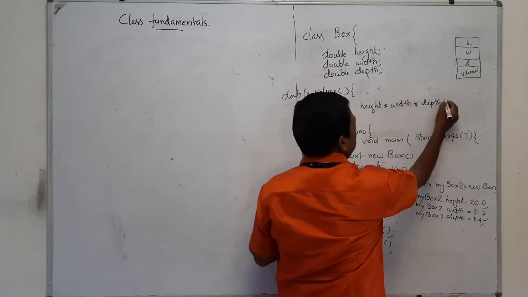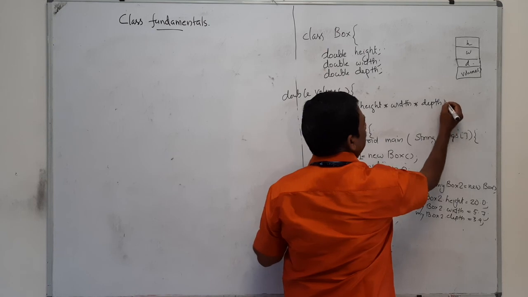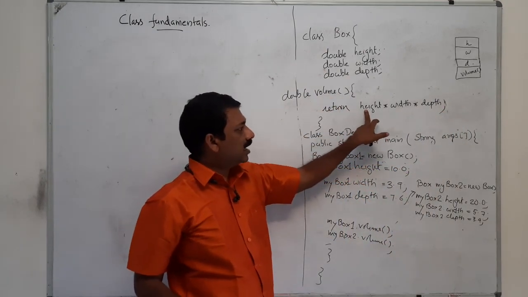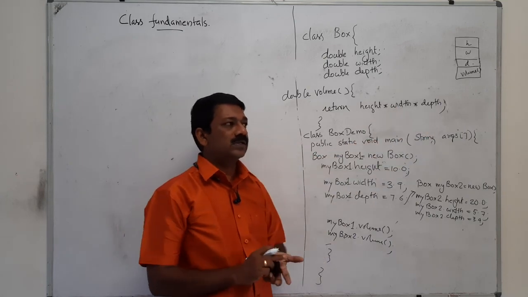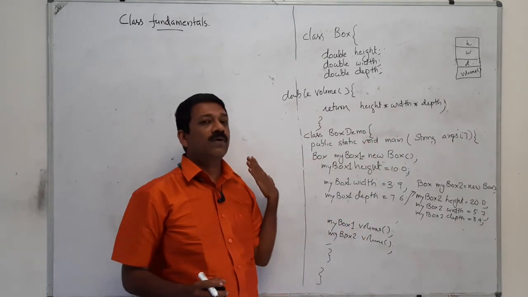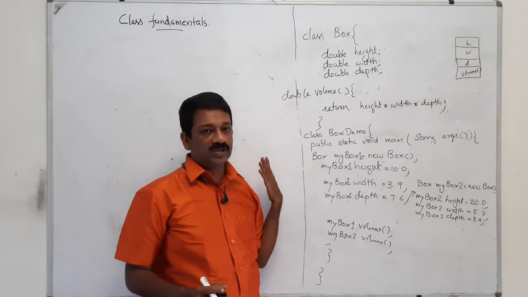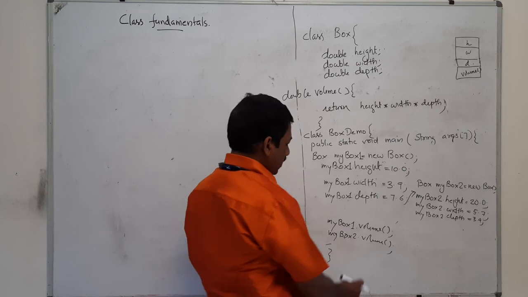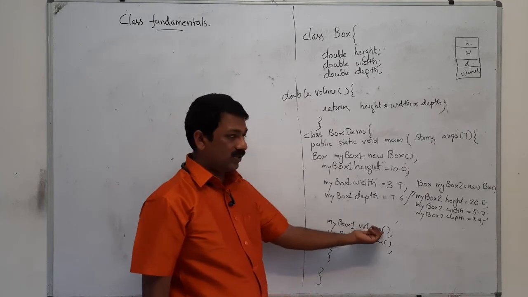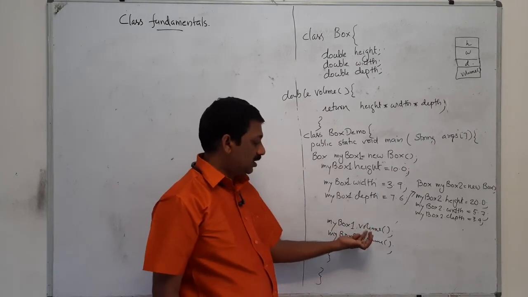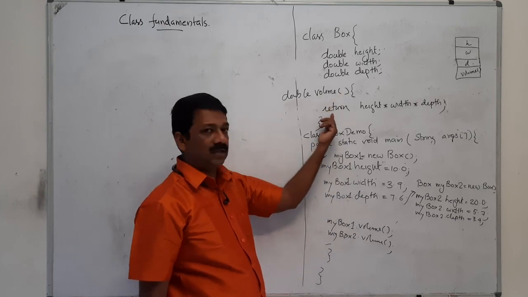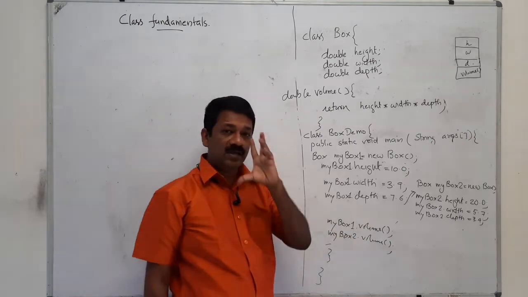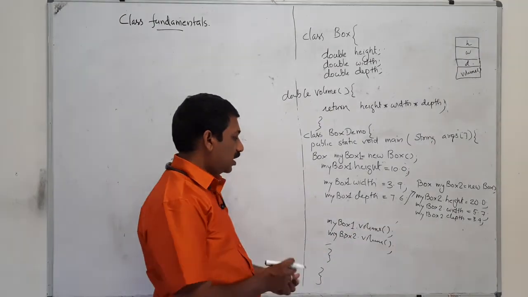That means when volume is called, it returns height into width into depth, the volume of the box referenced by the main program. When my box 1 dot volume is called, it calls this method and that method returns a value. Now my box 1 dot volume is a double value and you can print this.